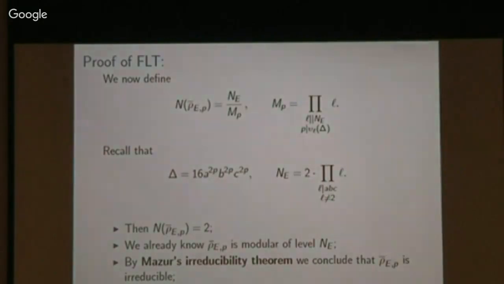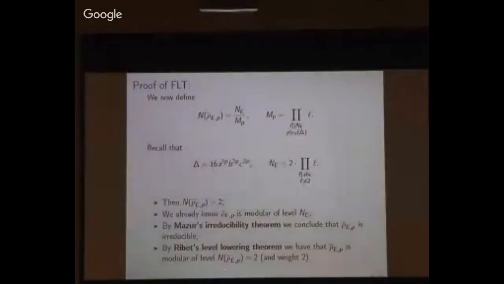This is, in some sense, a miracle, because everything that depended on the solution disappeared now. So this number here, the conductor, is non-concrete because it depends on A, B, and C, but now this smaller level is 2. It's a concrete number. So we can compute this space of modular forms.